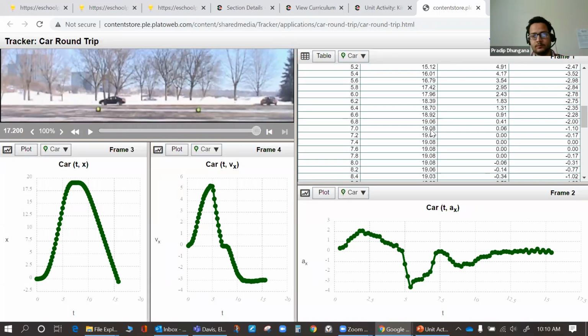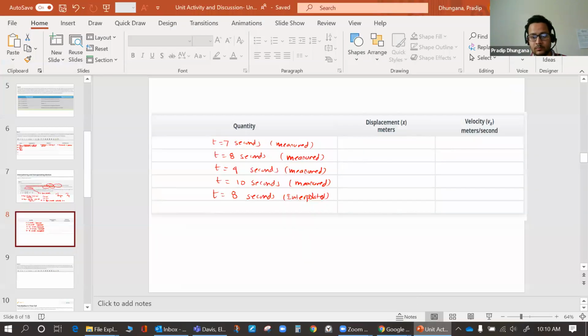Let me write it here. 19.08 and then 0.06. And then for 8 seconds, you can see here 19.08, negative 0.06. In that way, you can find displacement and velocity from the table.